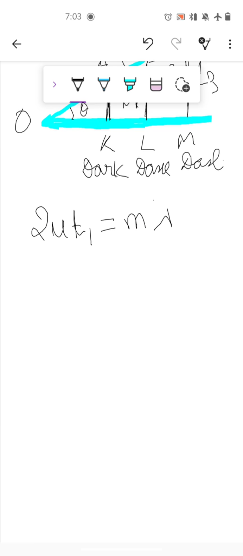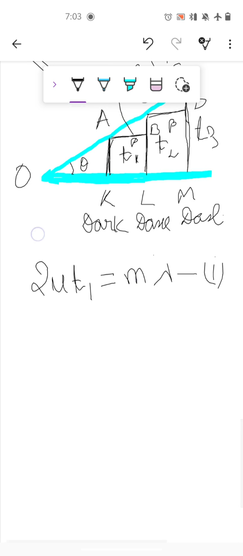This is very well understood, because the value of cos r is 1 and the thickness at this point is T1, so we put 2 mu T1 is equal to m lambda. Okay, so this is the first point, at point A.